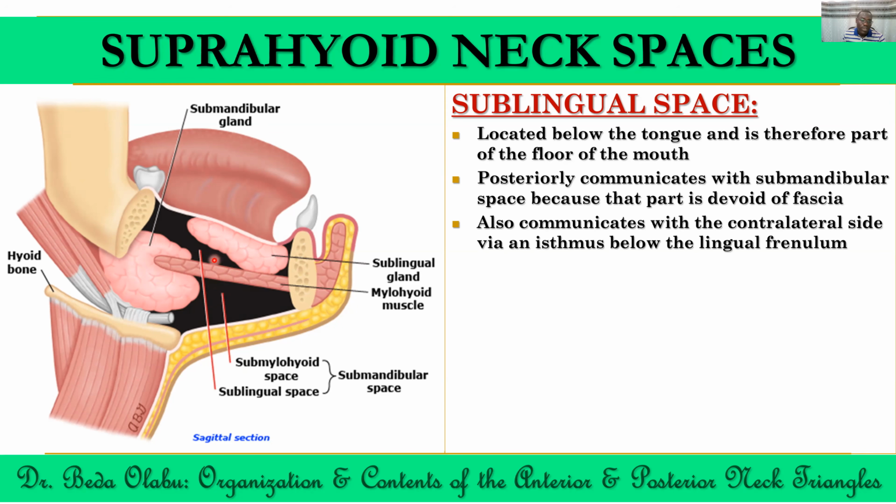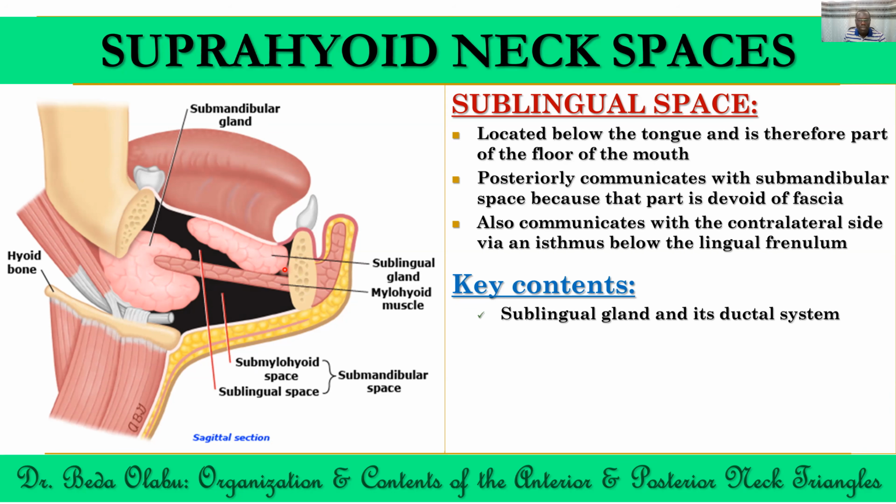The right and the left sublingual spaces also communicate with each other through a narrow region just below the frenulum of the tongue. The key contents of the sublingual space are the sublingual gland and its ductal system. We talked about 8 to 20 excretory ducts, and you may have a major sublingual duct of Bartholin.